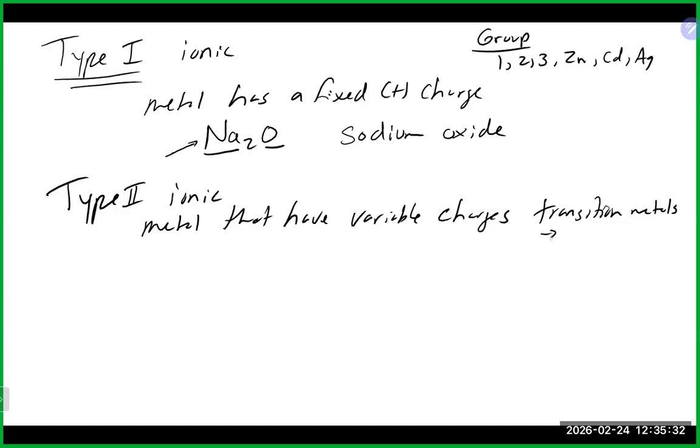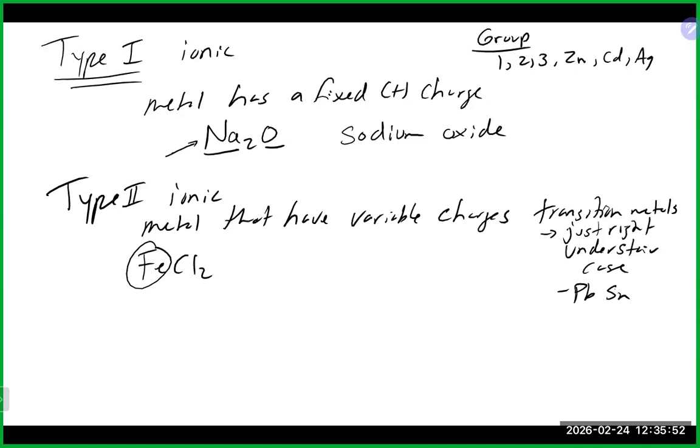And also just to the right, under the staircase, where you have things like lead and tin located. Those have variable types of charges, which means when we have something like that, FeCl2, the metal can have a variable charge because this is a transition metal.